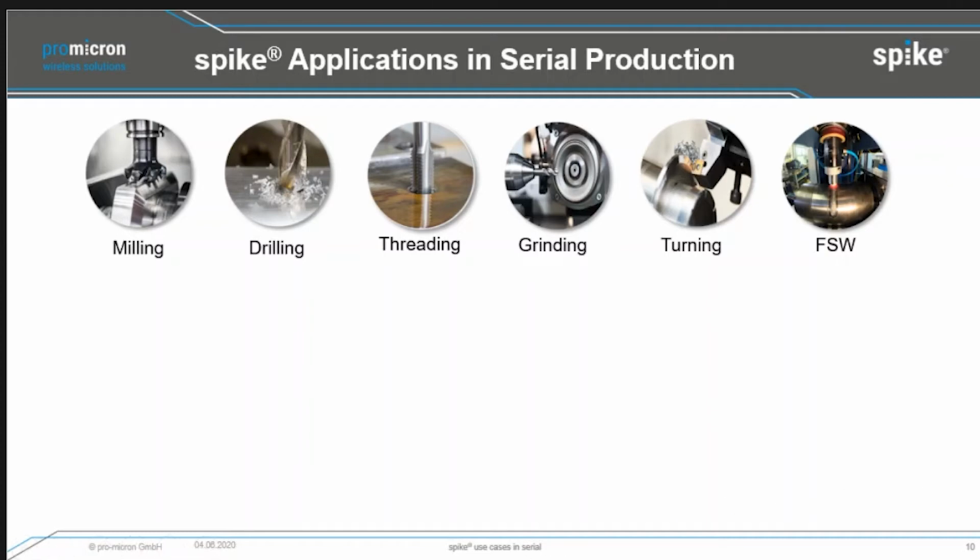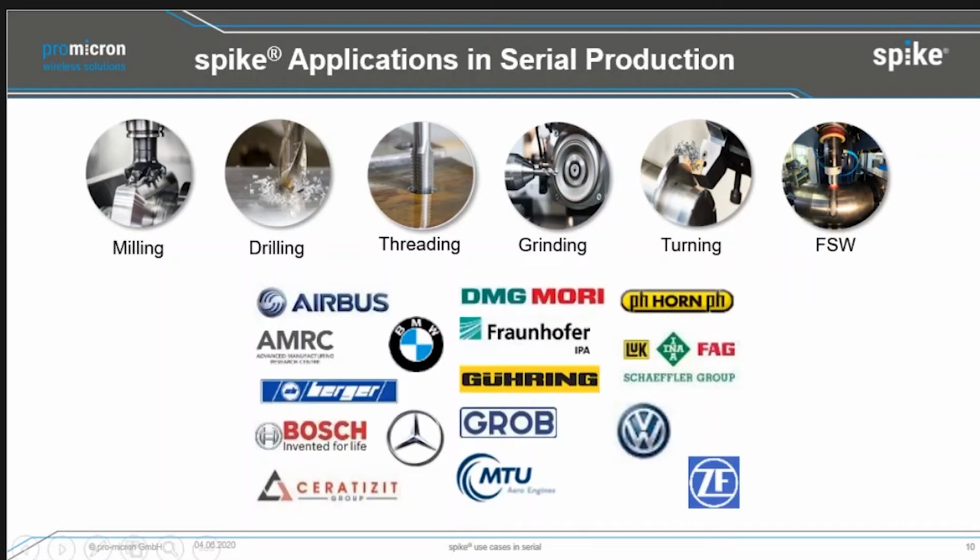In drilling, threading and turning operations, there are already systems on the market or we are in close contact, as well as for milling, of course, where customers ask us to monitor their processes. Which customers are these? For example, Airbus, BMW, Grob, ZF, whatsoever. So lots of big names in the industry.